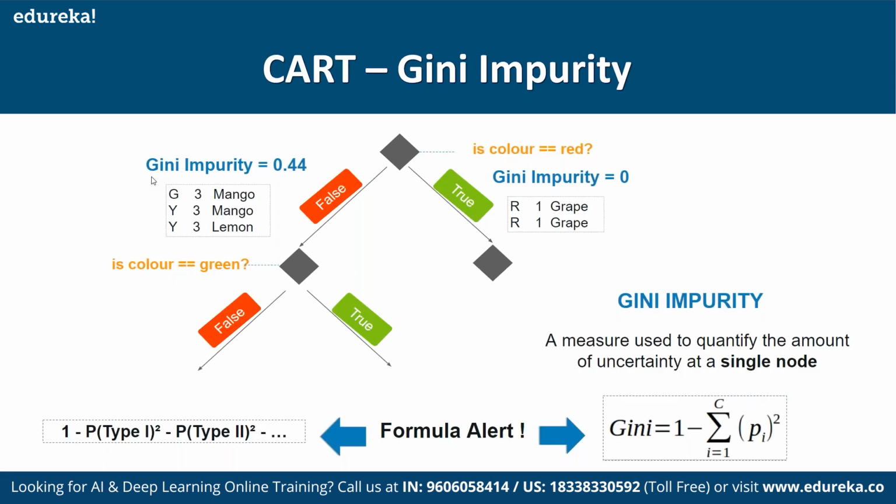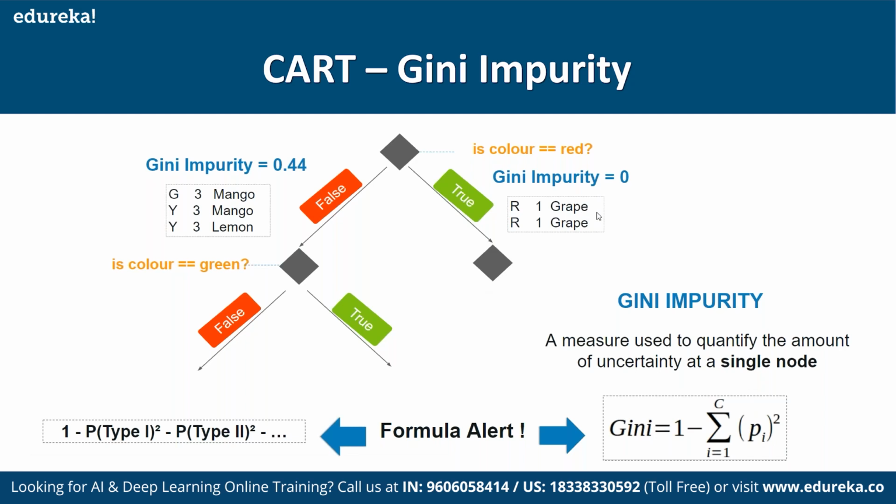So the first metric that we will talk about is called the Gini impurity. Okay. So at this node, the Gini impurity will be 0. So how do we calculate the Gini impurity for a node? It is 1 minus the sum of the squares of the probabilities of each class. Okay. So what does p_i mean? Let us look at this node.